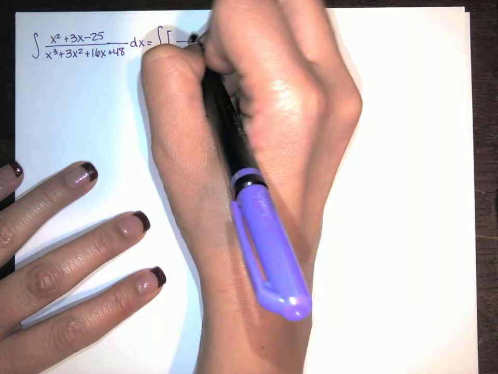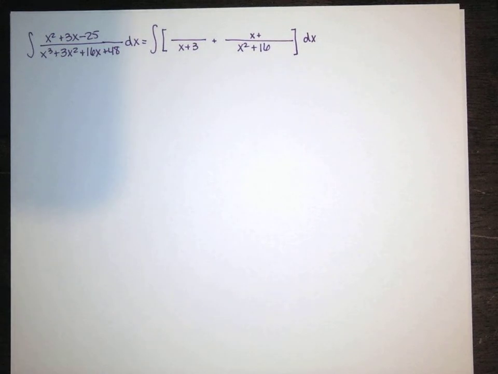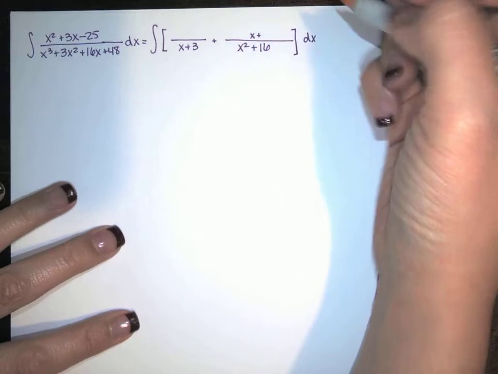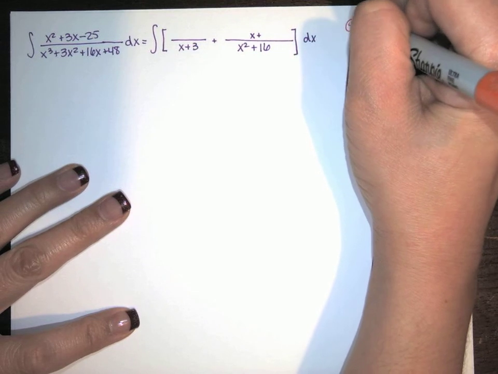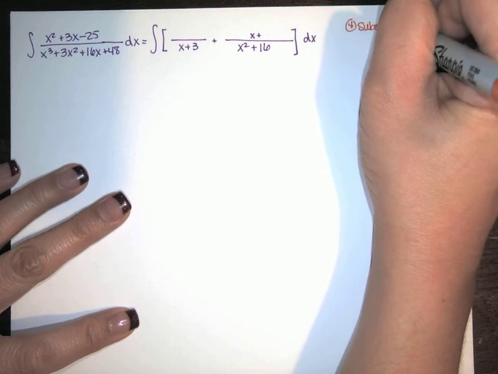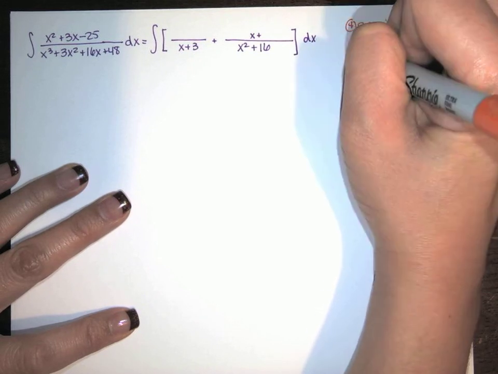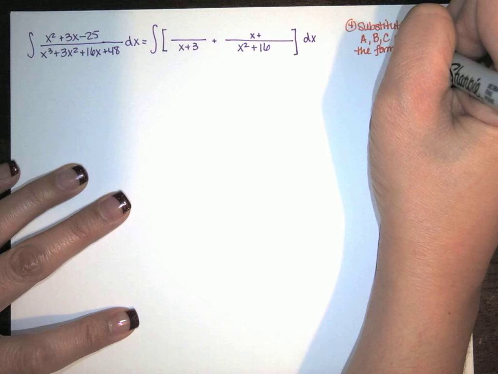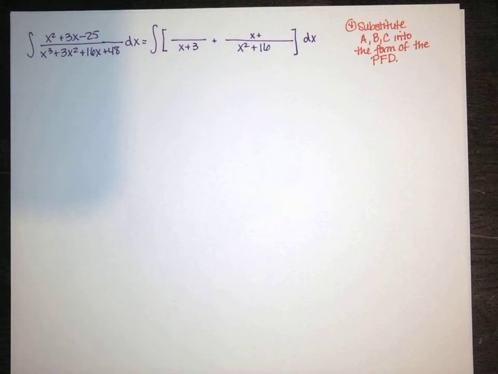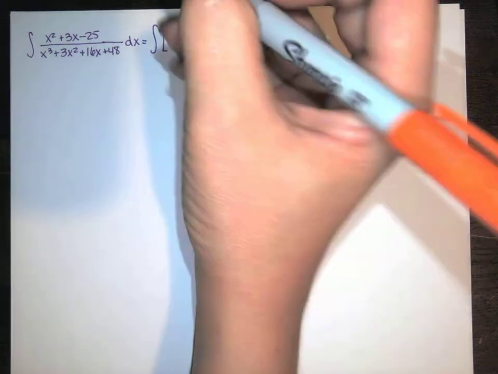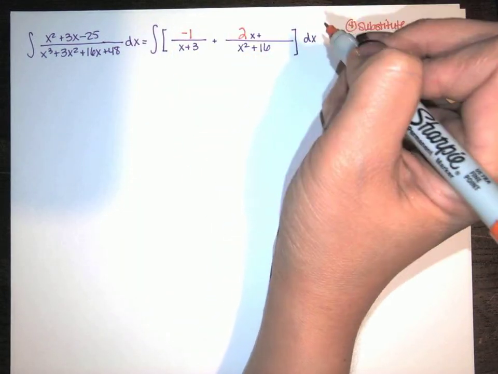And I've left a space for my A, my B, and my C. And you're going to substitute those values of your constants into the form of the partial fraction decomposition. A turned out to be -1, B happened to be 2, and C was -3.